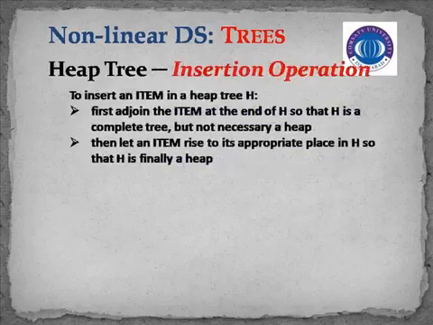Dear listeners, to insert an item in a heap tree H, first adjoin the item at the end of H so that H is a complete tree but not necessarily a heap. Then let the item rise to its appropriate place in H so that H is finally a heap.